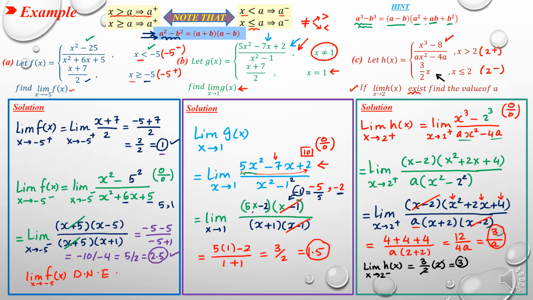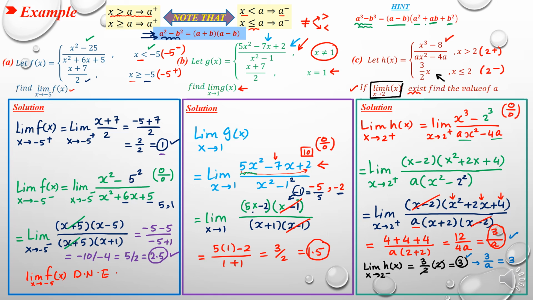Now since the limit of h of x exists, this means that the limit from right of 2 equals the limit from left of 2. So you have to make them equal, and you will get 3 over a equals 3.